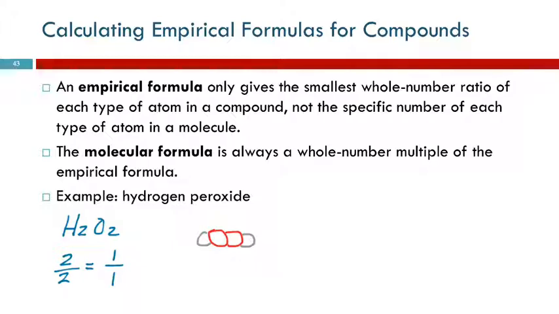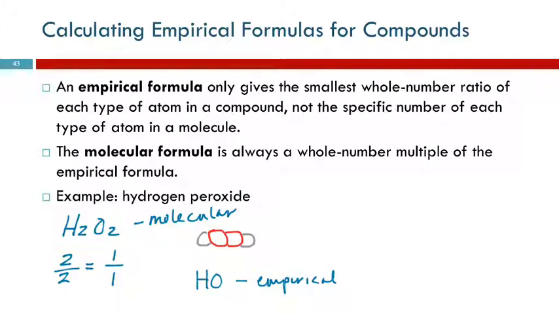So this is the molecular formula. The empirical formula is HO, because it's the lowest ratio, 1 to 1. We get this molecular formula by multiplying this one by 2. It's a whole number multiple. Any questions?